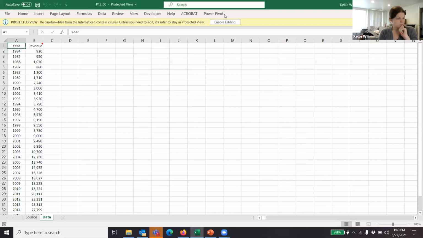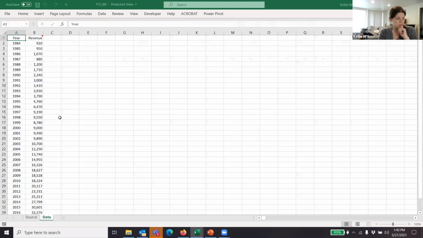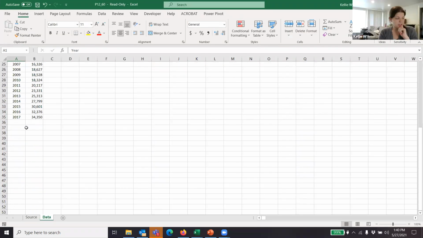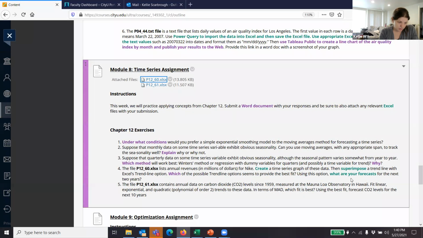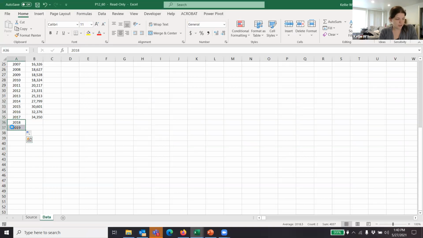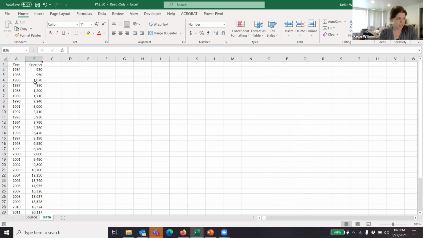So here's your data. When you go to do your forecasting, you need to do 2 more years. Right? 2 more years? Yeah. So just add your 2 years that are forecasted, and then you'll plot your data.